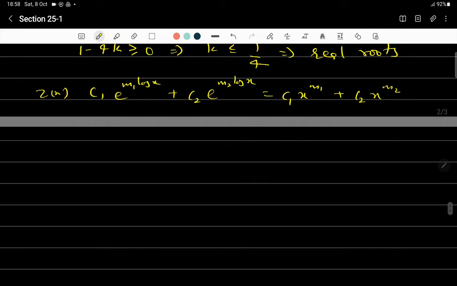Now clearly it is visible that z(x) has finite zeros.